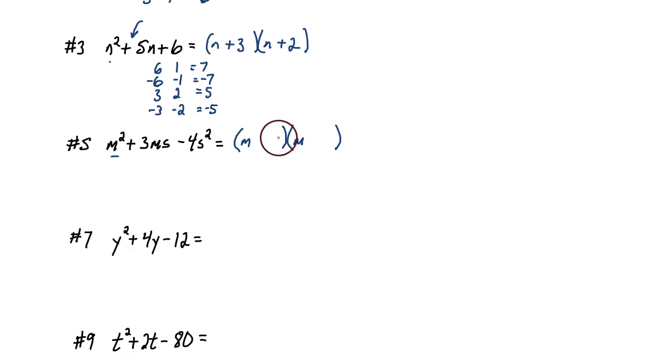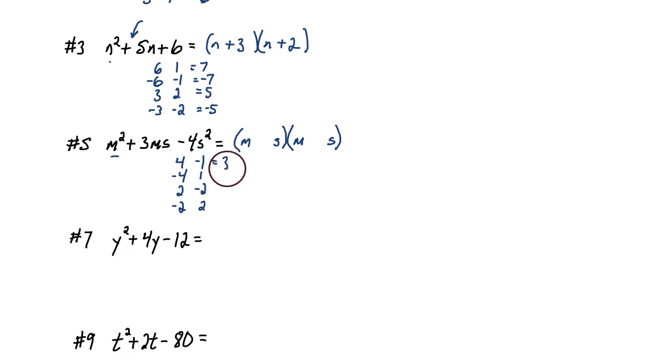We know that there has to be an s in both numbers. But what about to make the negative 4? Possibilities are 4 times negative 1, negative 4 times positive 1, 2 times negative 2, or negative 2 times positive 2. Let's combine all these together.